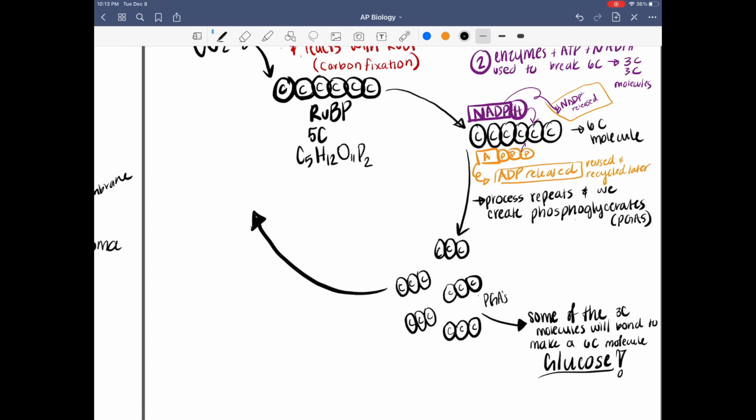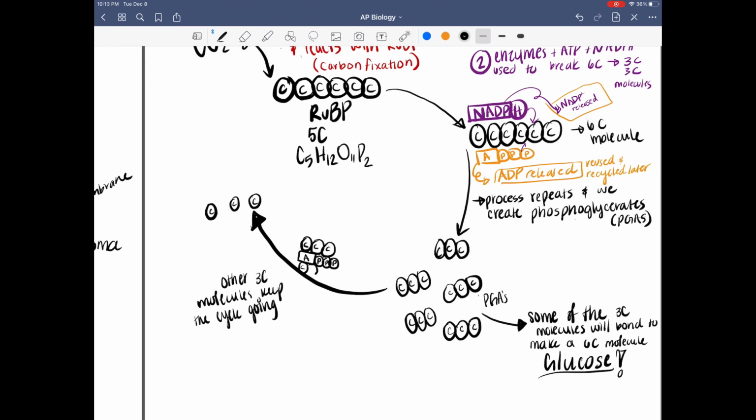The other option is that some of the other PGAs will keep the cycle going. Those 3-carbon molecules, with the help of ATP, will be broken down further to help us get back to that 5-carbon molecule.